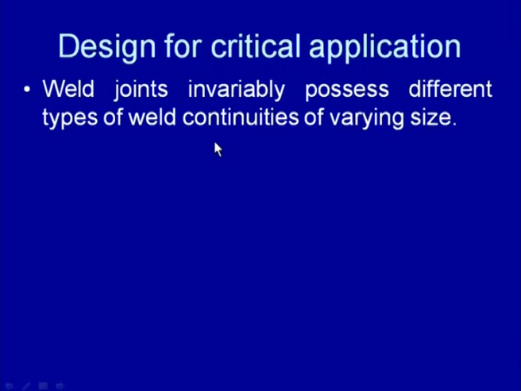Now, we will see the design of the weld joint for critical applications. We know that weld joints are invariably produced with discontinuities of one kind or another. However, the size of these discontinuities may vary significantly, from very small, say a few microns, to a few millimeters.